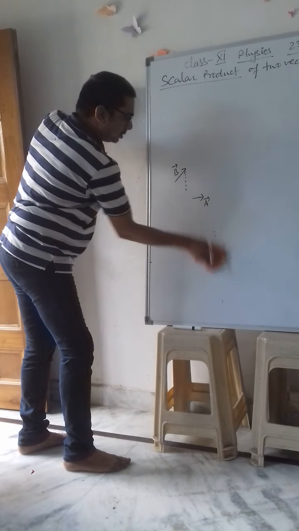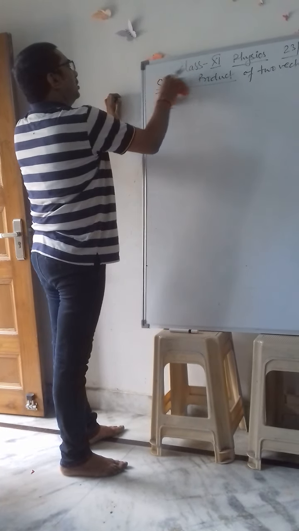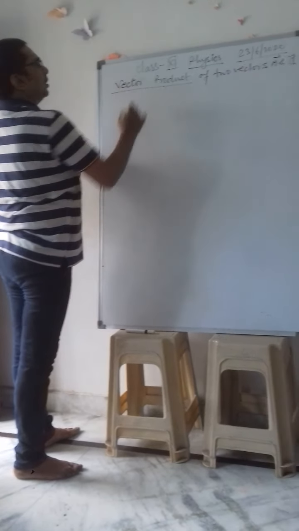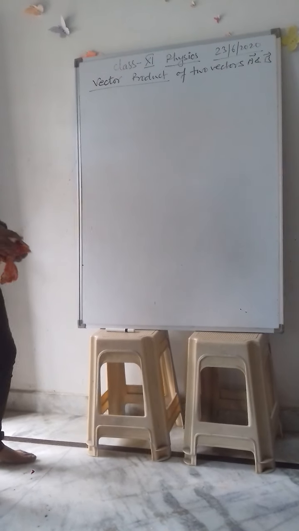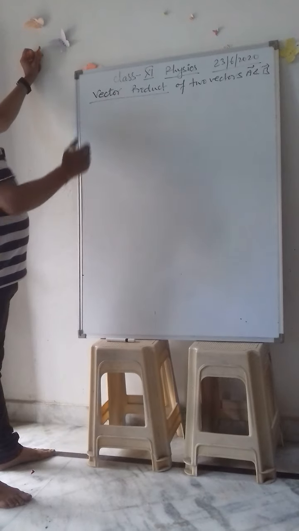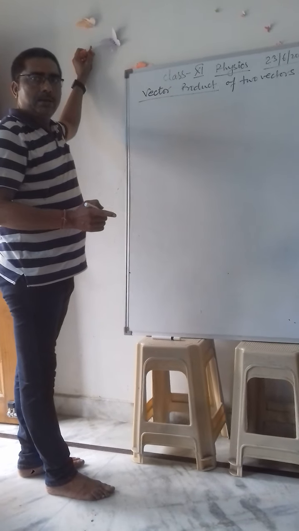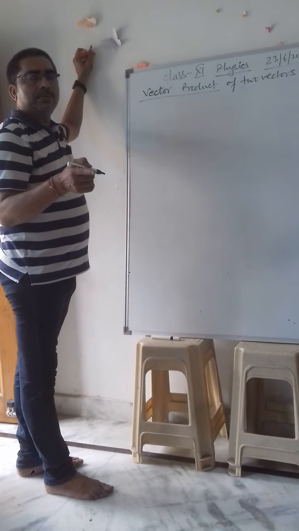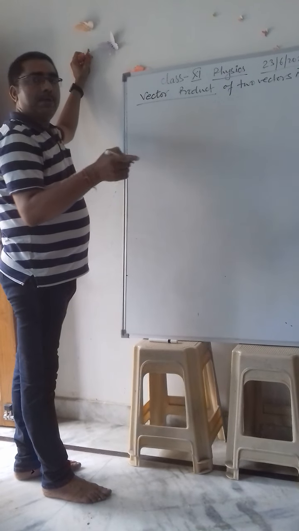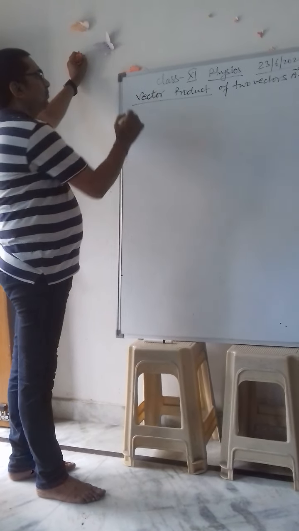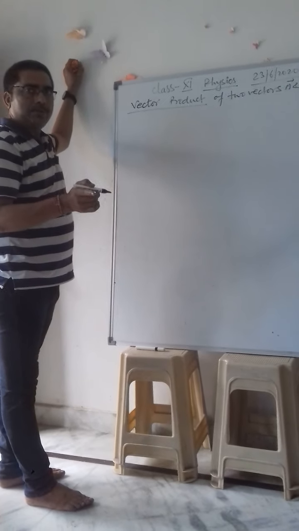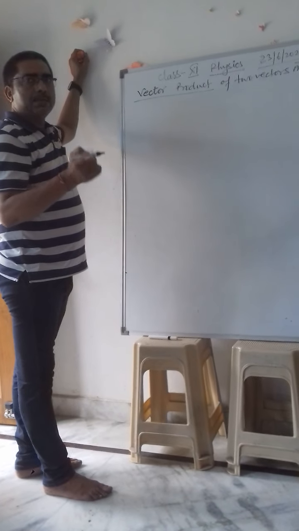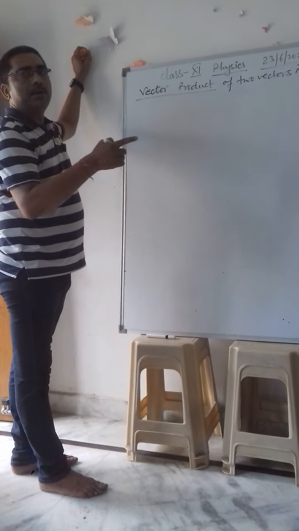Now we will discuss the vector product of given two vectors A and B. It is defined as the product of the magnitude of vector A, magnitude of vector B and sine of the angle between the given two vectors.